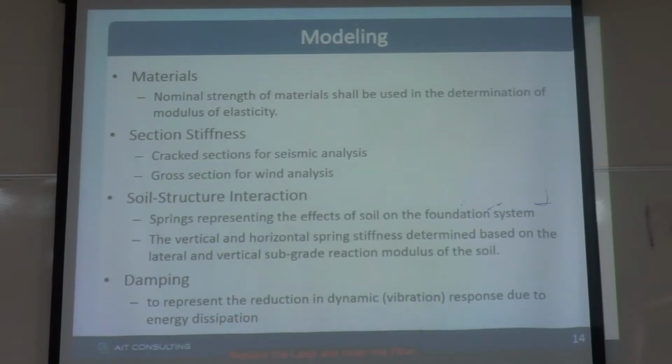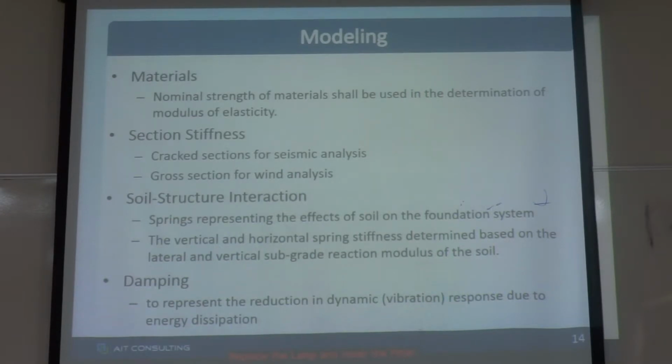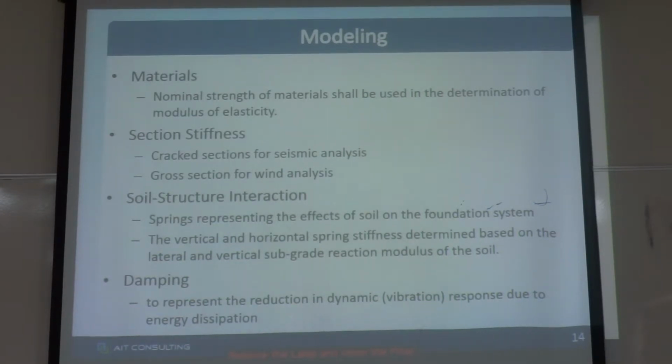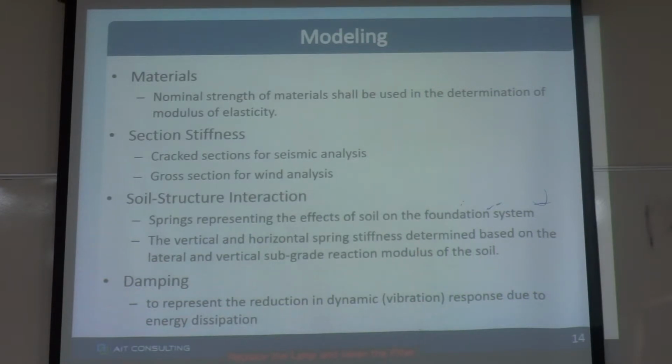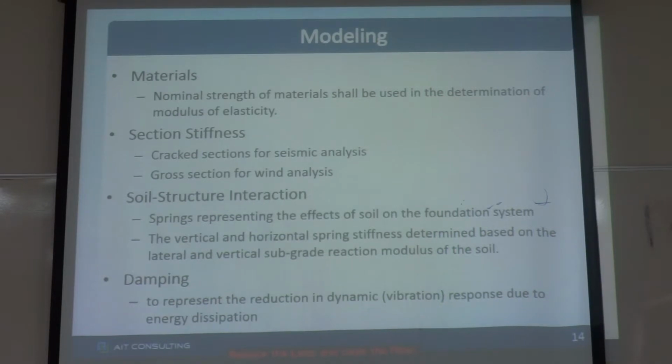But that estimation is not accurate, because, for example, the code suggests reducing the stiffness of the beam to 0.35 Ig in ACI. So we will reduce all the beams in the model. In an earthquake, not all beams will be damaged. Some beams will be damaged, some beams will not. So those kinds of details cannot be captured in the normal analysis and code-based design.